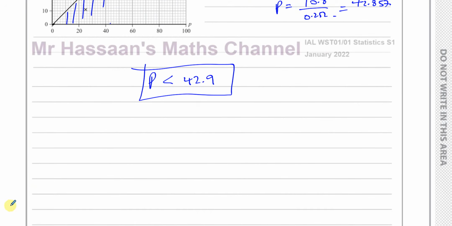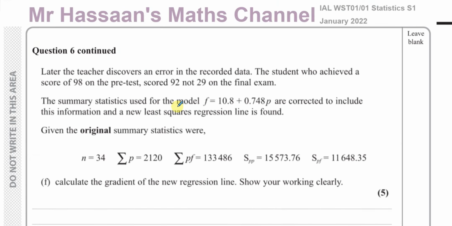Now we're going to go on to part F. Now part F says, later the teacher discovers an error in the recorded data. The student who achieved a score of 98 on the pretest scored 92 and not 29 on the final exam. So there's like an entering mistake. The summary statistics used for the model F equals 10.8 plus 0.748p are corrected to include this information, and a new least squares regression line is found.